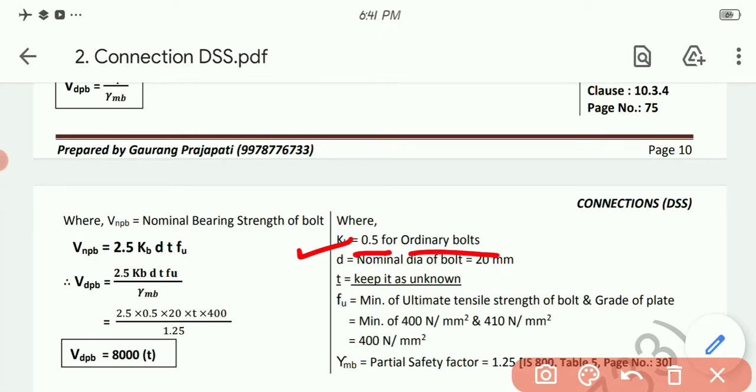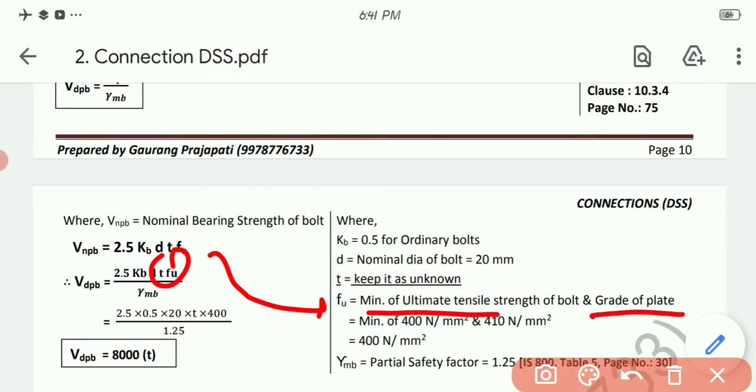Then the second unknown, d stands for diameter, that is 20 mm. Then t we always keep as unknown, as bearing capacity varies with respect to thickness, and we have two different thicknesses, one for the column and one for the beam. Then FU, that is the minimum of the ultimate tensile strength of the bolt and the grade of the plate. The ultimate tensile strength of the bolt is 400 and the plate grade is 410, so the minimum value will be 400. That's the value of FU.